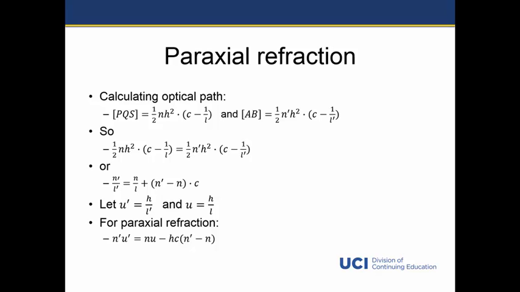And the whole purpose of this was to bring us approximately to this location right here that says n prime u prime, so the information about the index in image space and the slope in image space is a function of nu, the index and the slope in object space, minus the ray height, surface curvature, and the change in index.